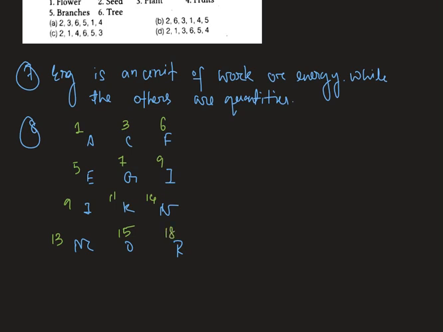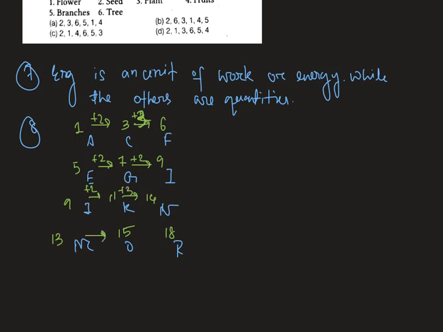Now as we can see, for the first cluster, if we add 2 to 1, then we get 3, and if we add 3, then we get 6. In the next cluster EGI, if we add 2 with 5, we get 7, and if we add 2 with 7, we get 9. In the cluster IKN, if we add 2 with 9, we get 11, and if we add 3 with 11, we get 14.